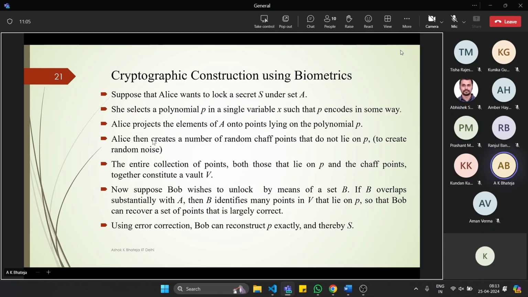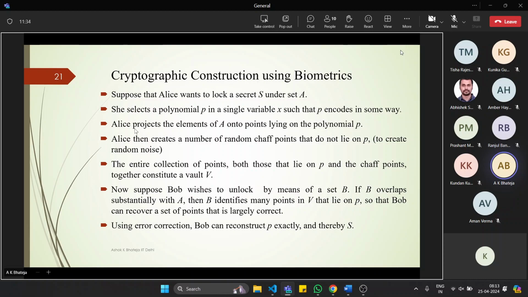Now if anyone wants to unlock, the requirement will be to find the polynomial, because the secret is tied to the polynomial. Reconstruction of the polynomial is possible only if a sufficient number of points lying on the polynomial are known.